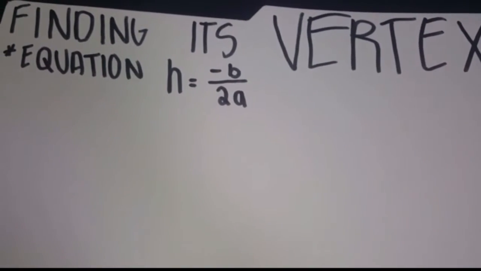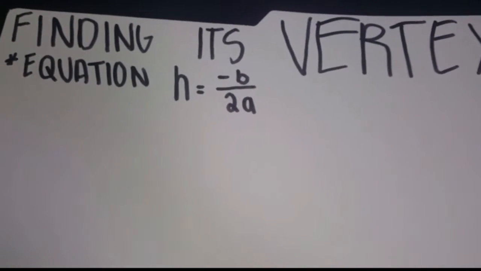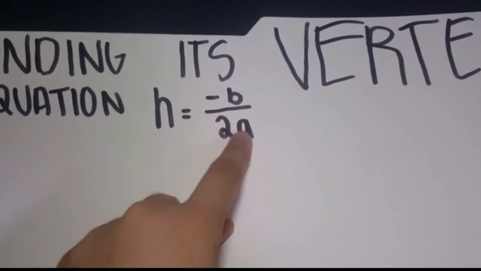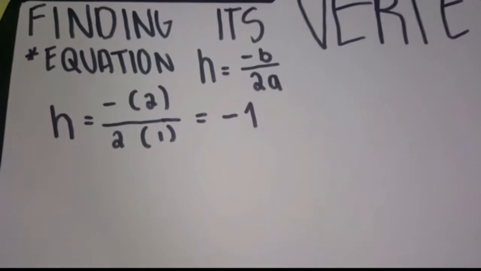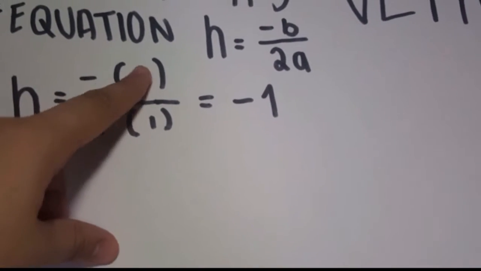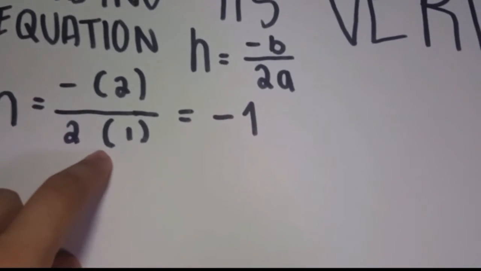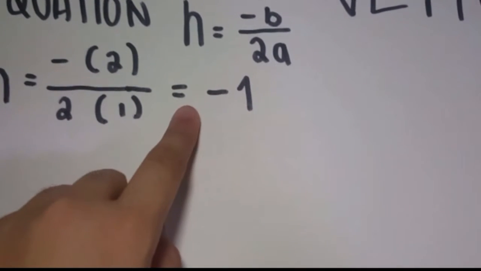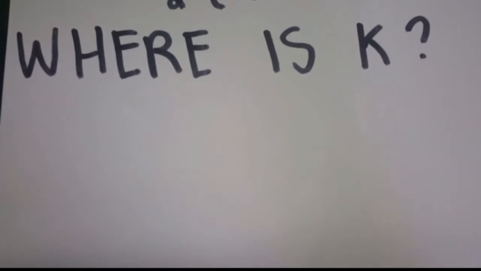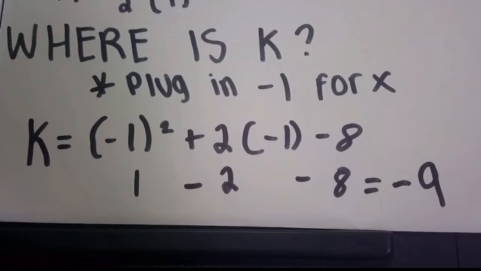To find its vertex, we use the equation h equals negative b over 2a. And once we plug in the values, we'll have negative 2 over 2 multiplied by 1, and it will have the product of negative 1. But where is k?